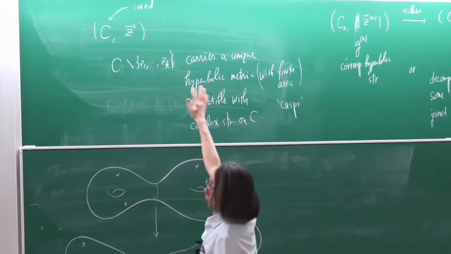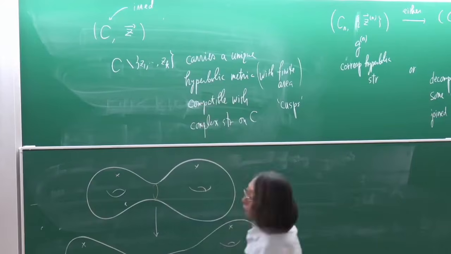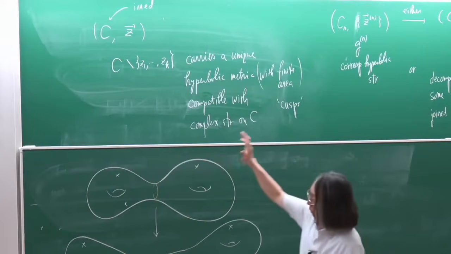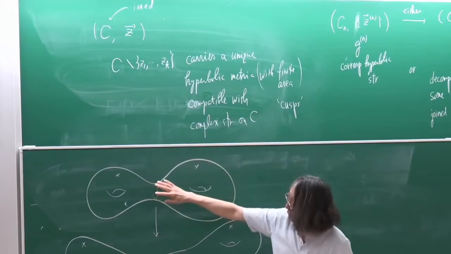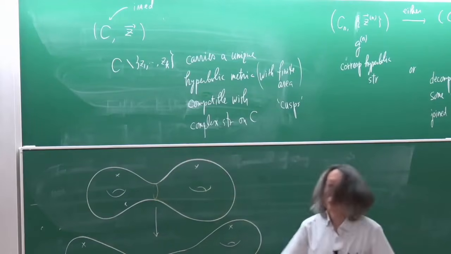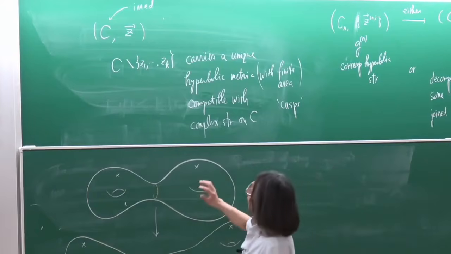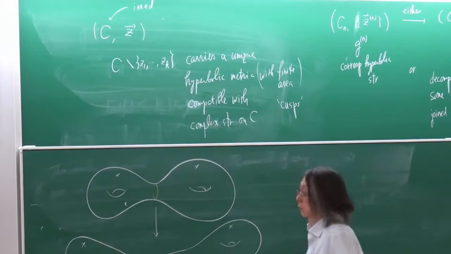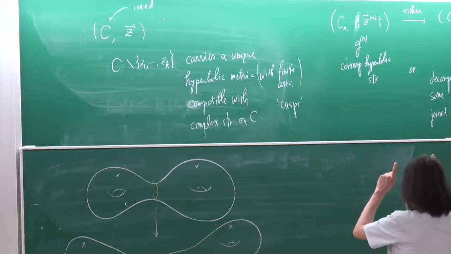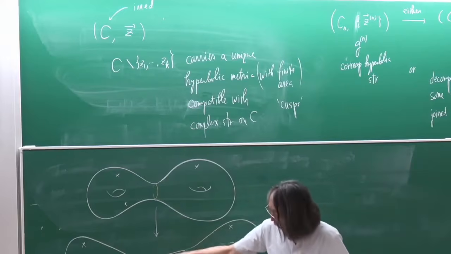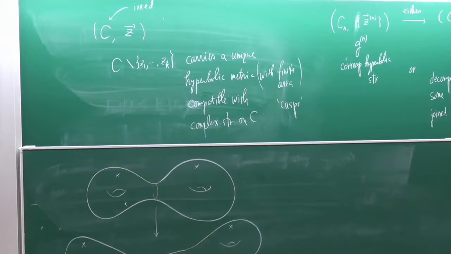And then how does it behave? Either the metric converges to another metric on the same curve, and this limit you can also think of as a stable curve. If it is not the case, then it must develop this sort of phenomenon.